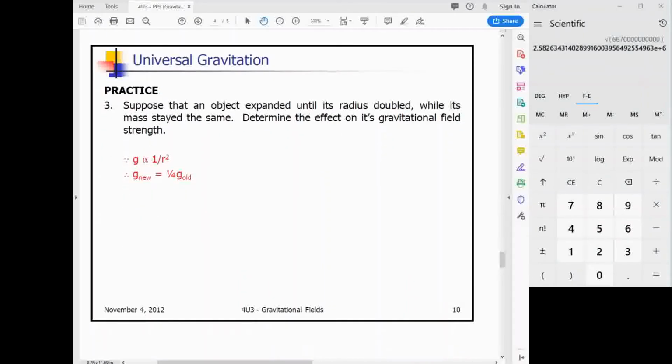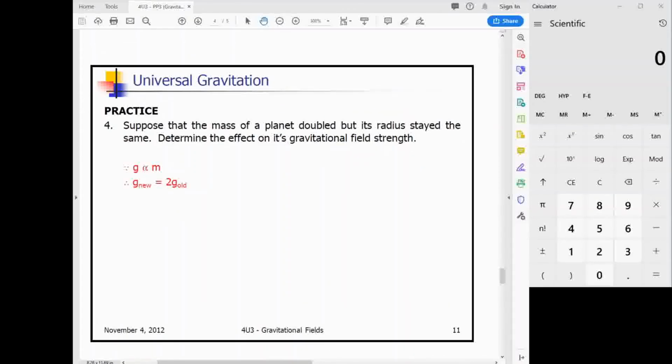Now these next 2 questions I want you to practice on your own. The answers are there for you, so you can just use these as additional homework. It says here, suppose that an object expanded until its radius doubled while its mass stayed the same. Determine the effect on its gravitational field strength. I won't tell you how to do this, but if you have any trouble, just post it in the discussion board.